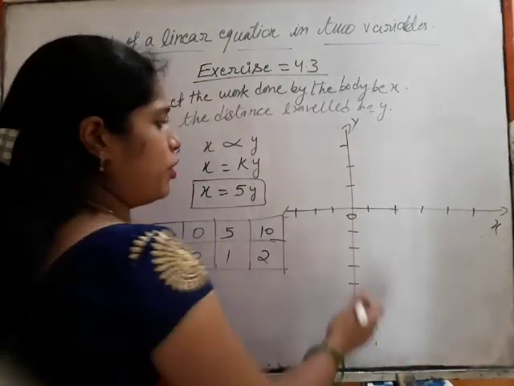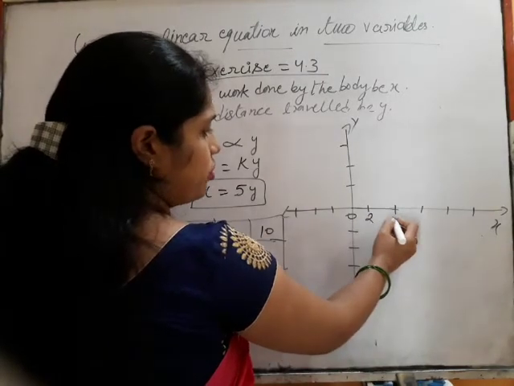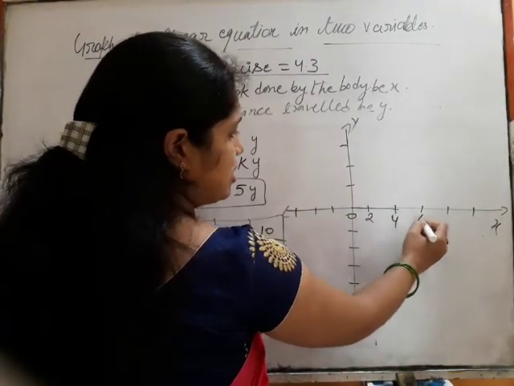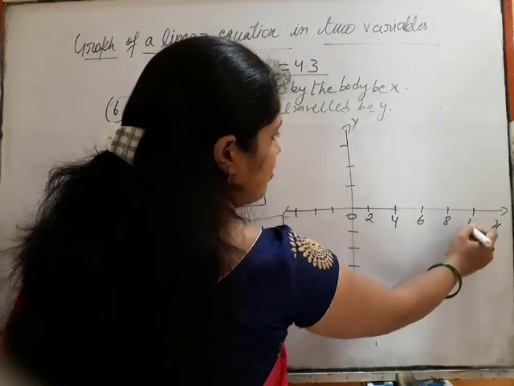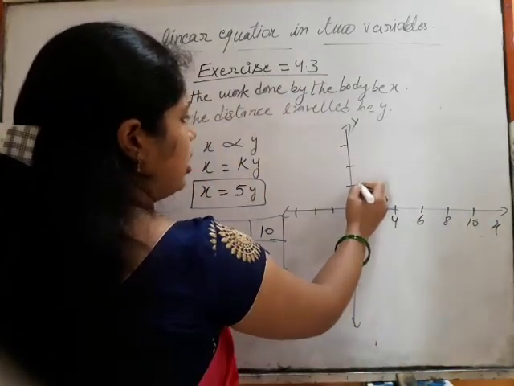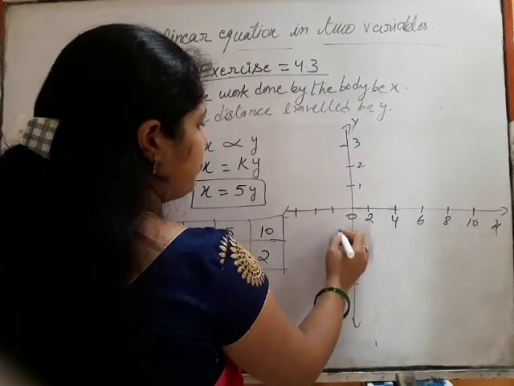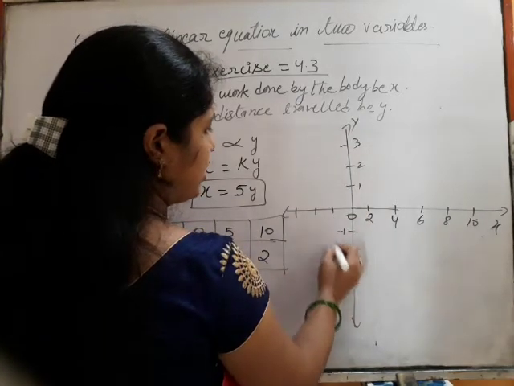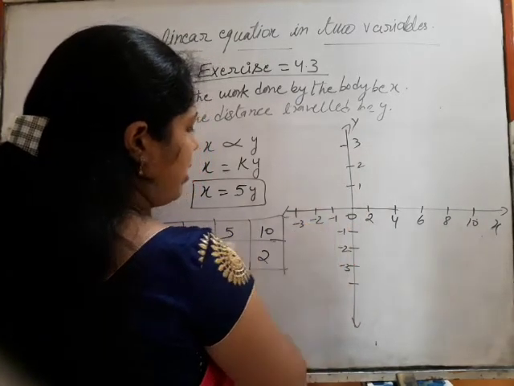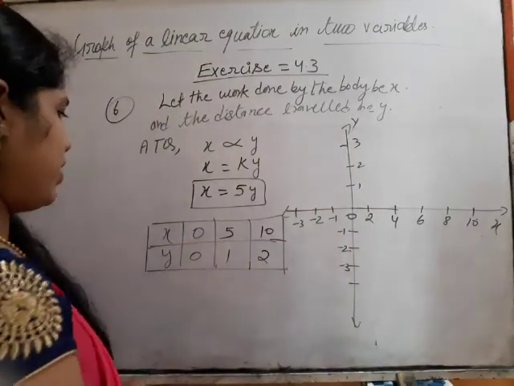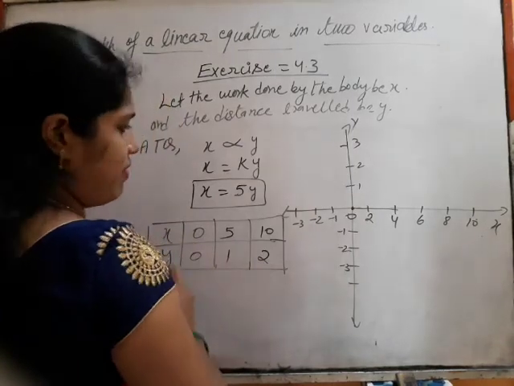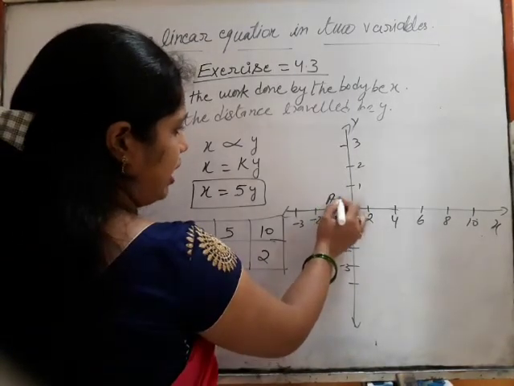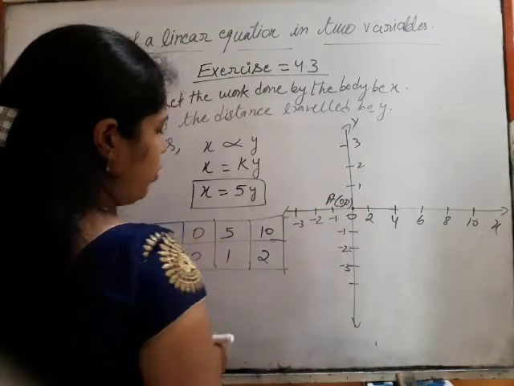Let us take the multiple of 2. 2 1s are 2, 2 2s are 4, 2 3s are 6, 2 4s are 8, 2 5s are 10. Okay. So here 1, 2, 3, minus 1, minus 2, minus 3. Now according to the values we have got 0, 0. So this x value is also 0 and y value is also 0. So this is the first point A whose coordinates are 0 and 0.